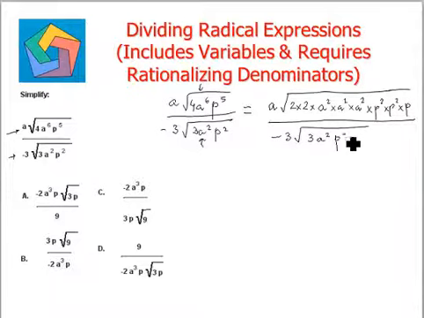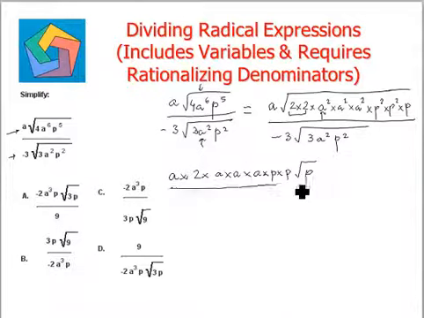Now we'll see what all can be pulled out in the numerator. We have a pair of 2 come out as a single 2, then the first a square as a, then the second a square as another a, and the third a square as another a, then the first b square as b and the second b square again as b, and inside we are left with just square root of b.